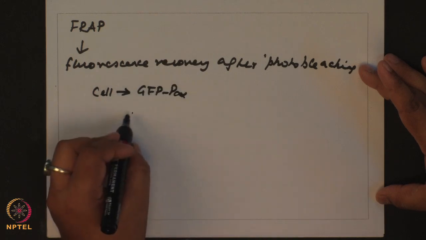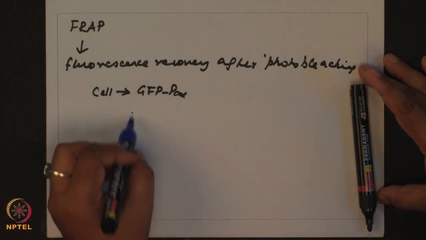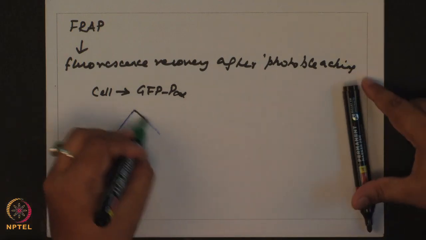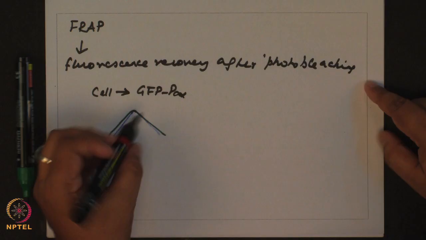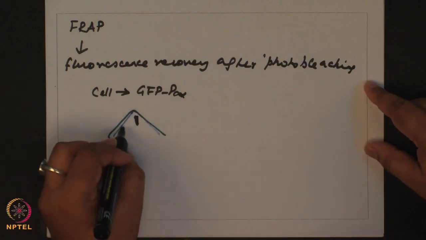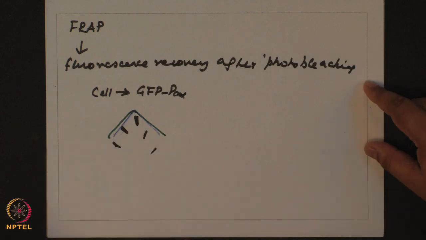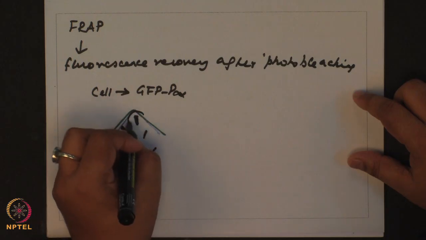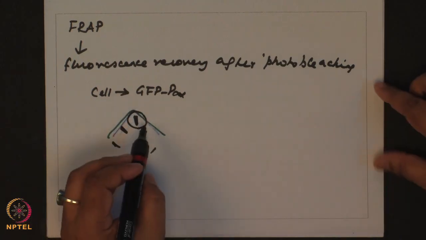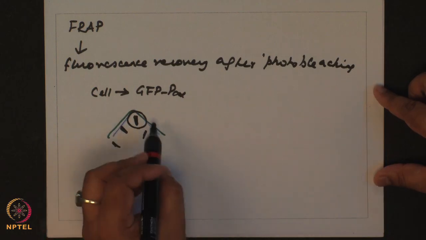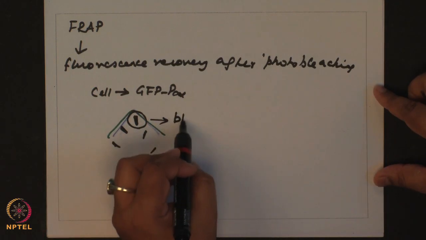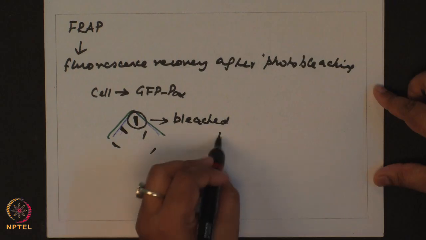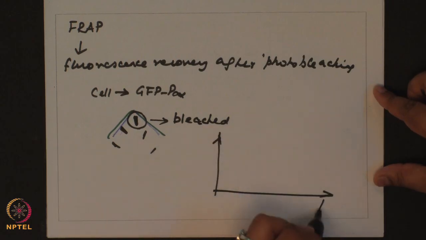Let's say this is an outline of a cell, and you have GFP paxillin adhesions. You focus on one small adhesion and you shine light so that it is locally bleached, and then you track the intensity at this point as a function of time.